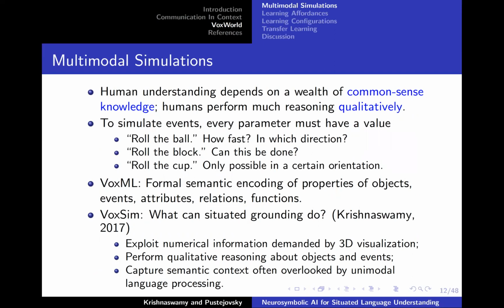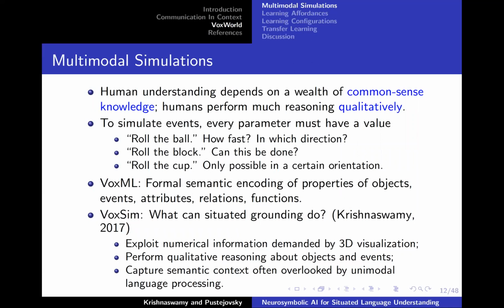However, to computationally simulate events, every parameter has to have a value or the program isn't going to run. So if I say roll the ball, the computer must know how fast or in which direction. If I say roll the cup, the computer has to know this might only be possible in a certain orientation. VoxML captures a formal semantic encoding of the properties of objects, events, attributes, relations, and functions.